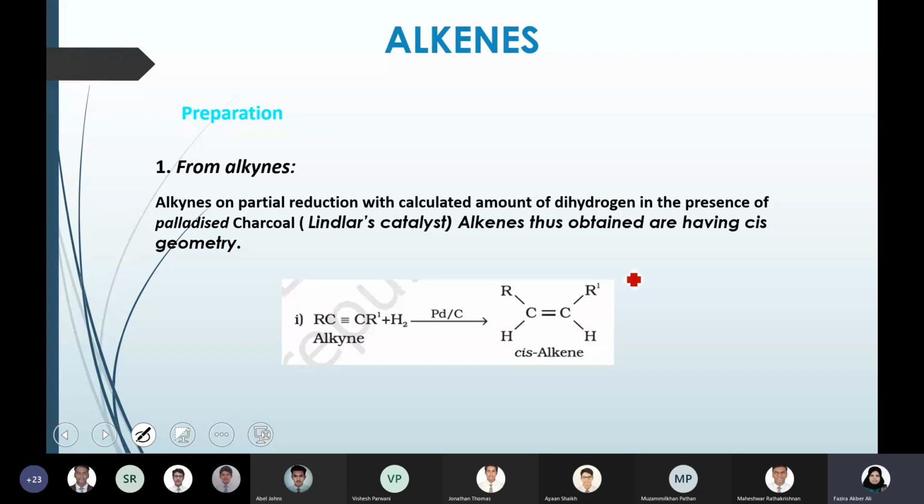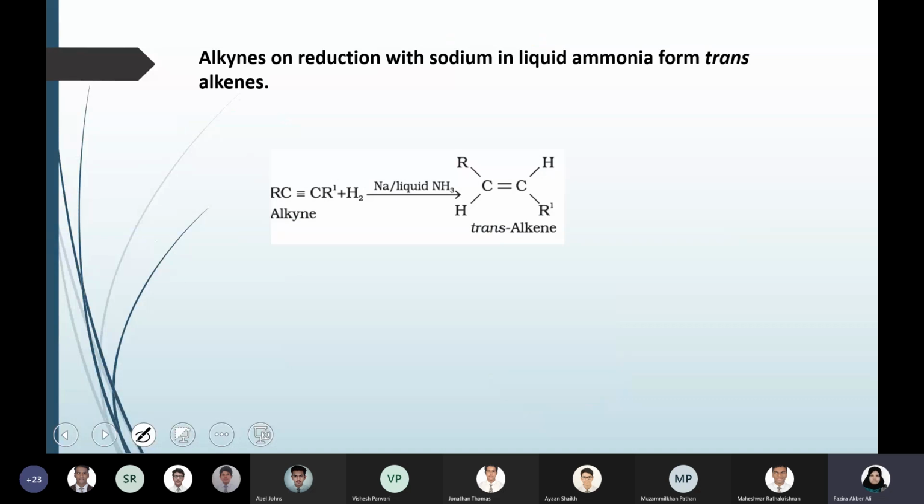Here the specialty is that you are getting only the cis isomer of the alkene. And if you need the trans isomer, then you have to use sodium in liquid ammonia. So that is the first method of converting an alkyne to an alkene using different conditions, Lindlar catalyst or sodium in liquid ammonia, to get cis and trans isomers respectively.